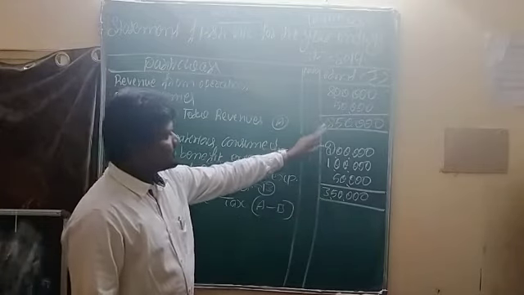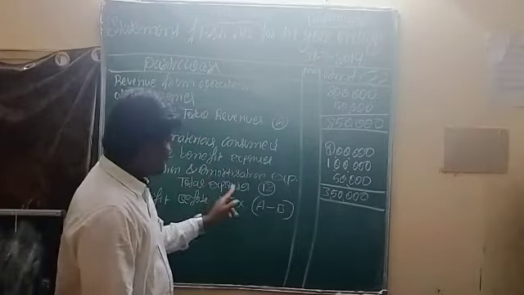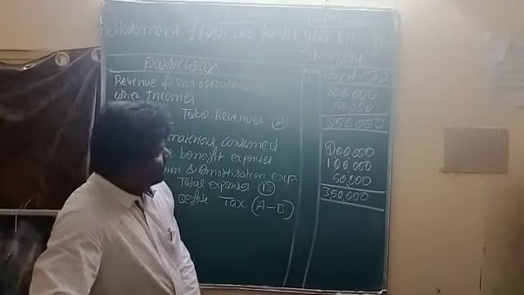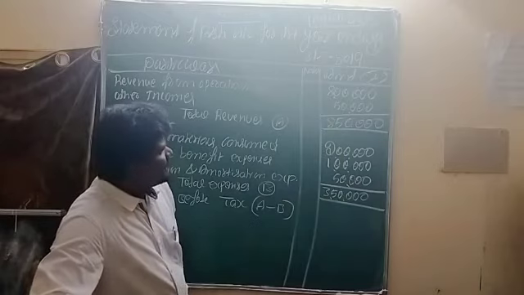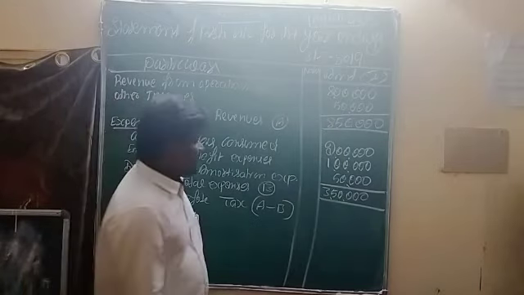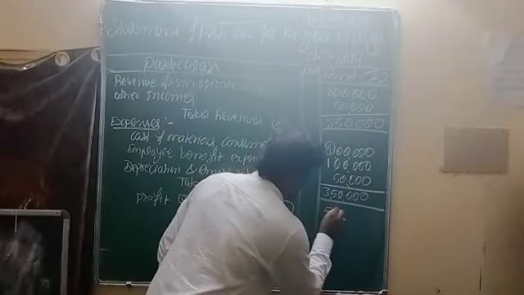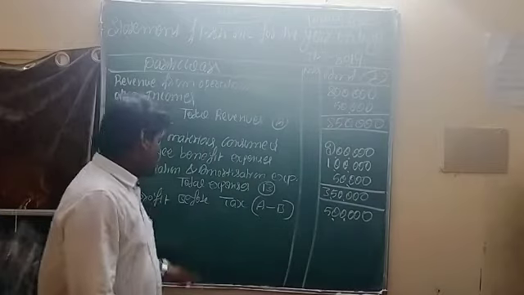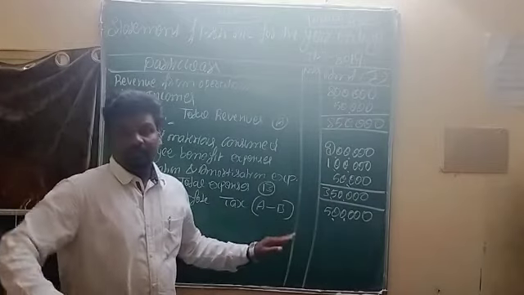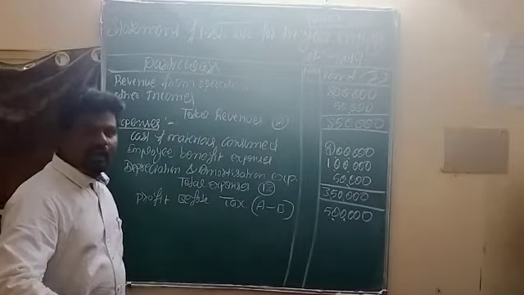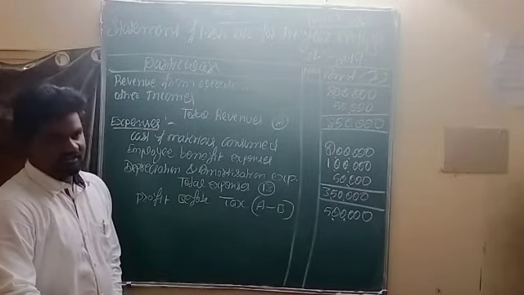Total revenues are 8,50,000 and total expenses are 3,50,000. Now calculate 8,50,000 minus 3,50,000. The remaining balance is 5 lakhs. These 5 lakhs rupees we call profit before tax. Before clearing tax, this is the total profit in the business organization.